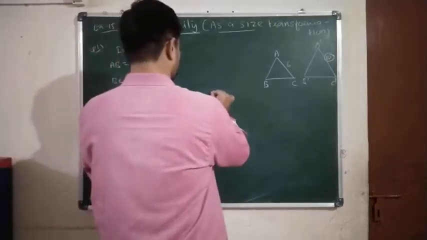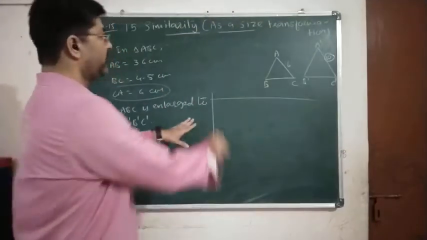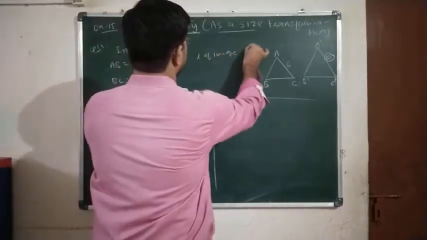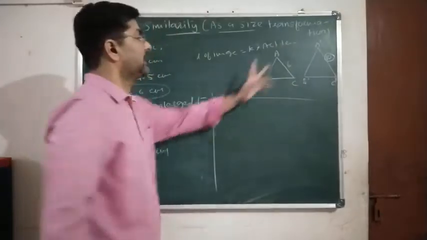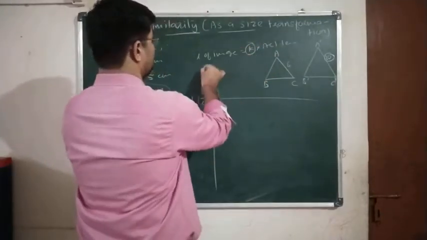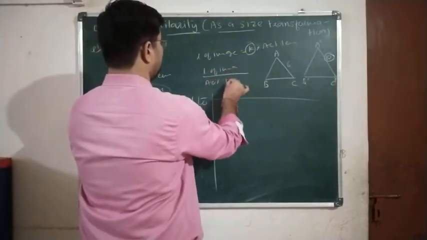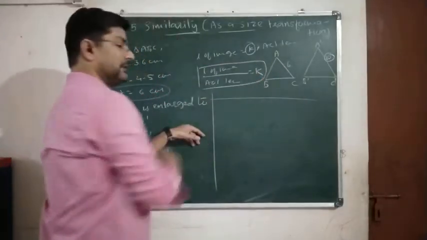Clear? So how to calculate the scale factor? Recall the first formula: length of image is equal to K into actual length or object length. So if you want to find K, then make K the subject. Length of image upon actual length will be equal to K. So you will treat this as a formula.